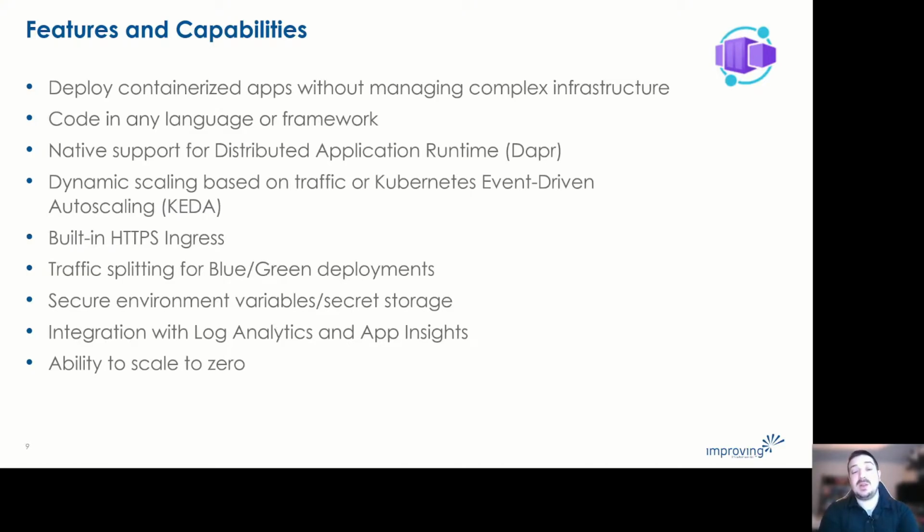Dynamic scaling based on traffic, so the amount of traffic volume coming into your cluster, or Kubernetes event-driven autoscaling, KEDA. This is a scaling mechanism where you can set up all sorts of different metrics that will enable you to scale. You can look at things like how long a RabbitMQ queue is, right? And scale based on that. And we will see all of that in the exercise as well.